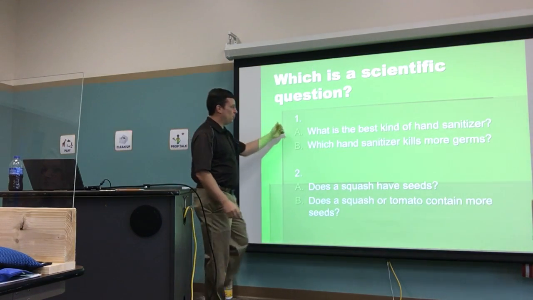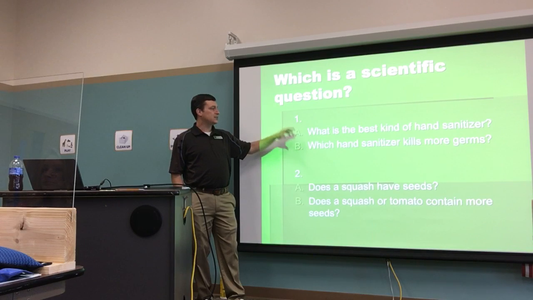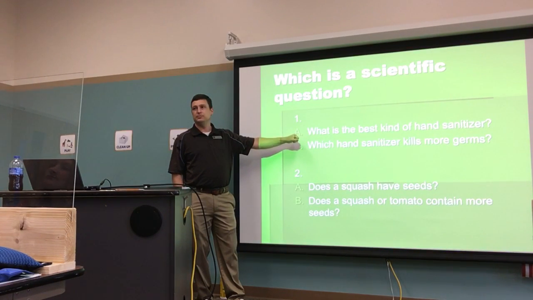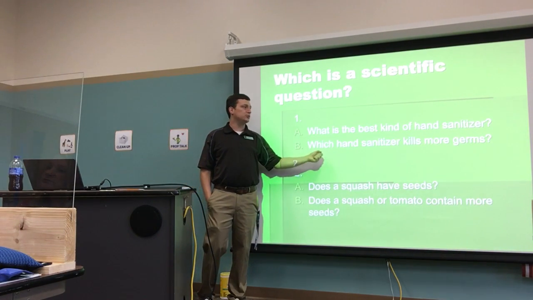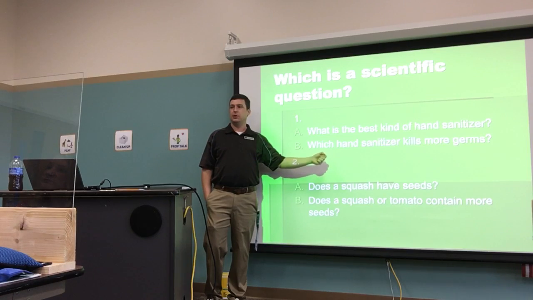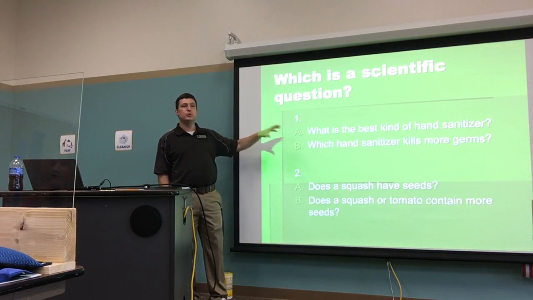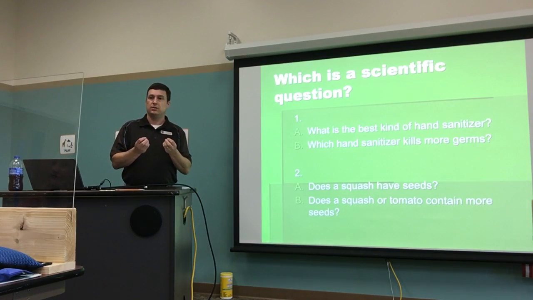All right, number one. We have 1A and 1B. 1A says, what is the best kind of hand sanitizer? Okay. 1B says, which hand sanitizer kills more germs? Of these two, raise your hand if you can tell me which one is the scientific question.